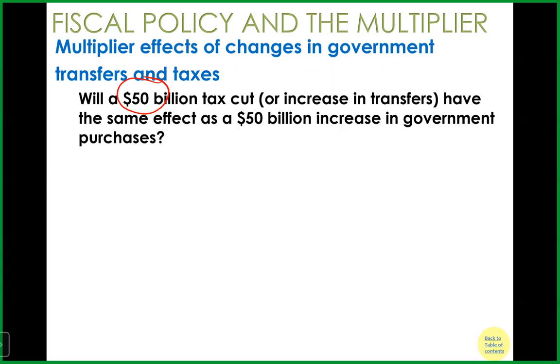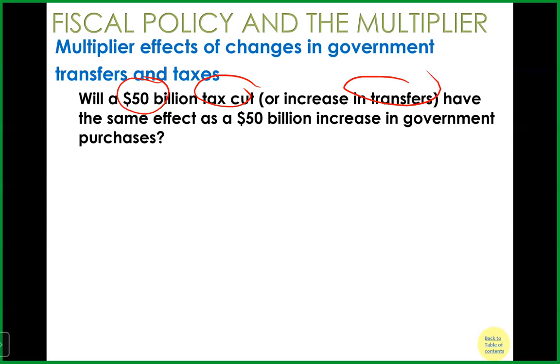The government has two choices, loosely in two categories. One, a tax cut, or equivalently, the government can increase transfers, meaning they just give you money. 50 billion goes directly to households, either through a tax cut or an increase in transfers. Effectively the government sends you a check.